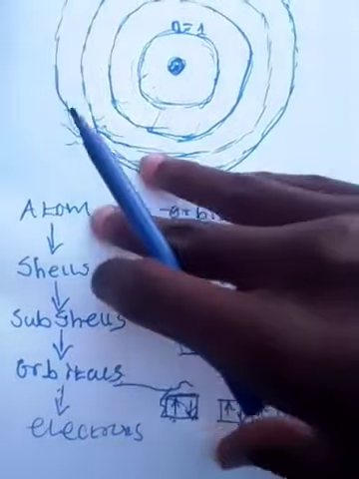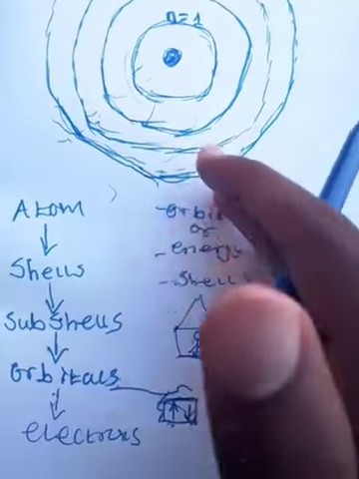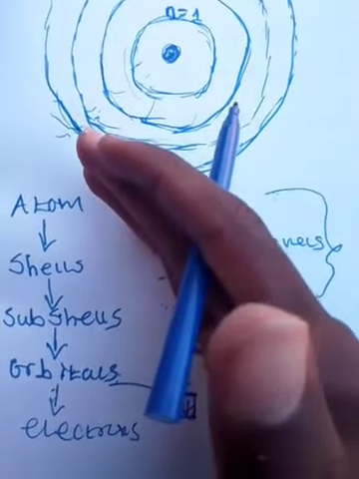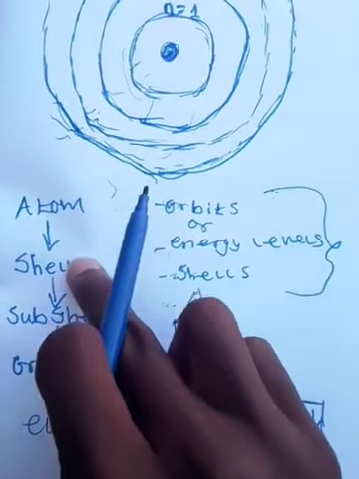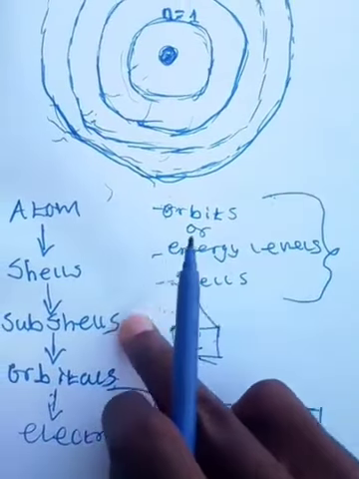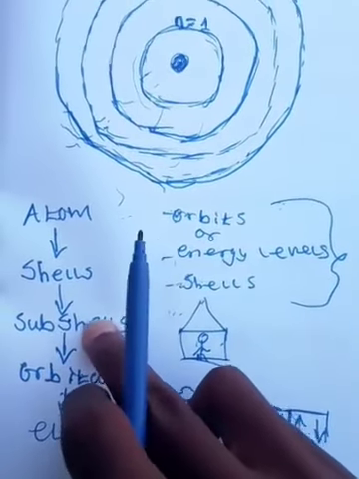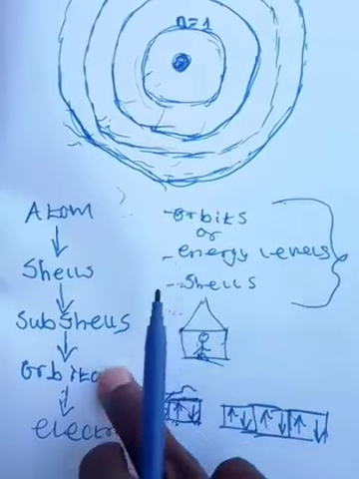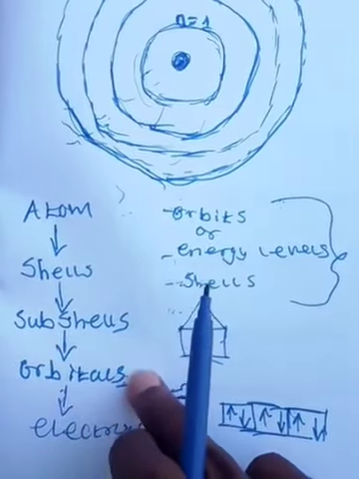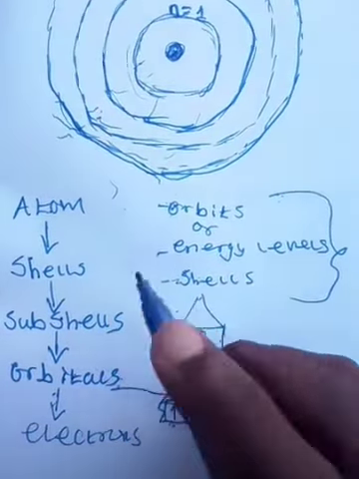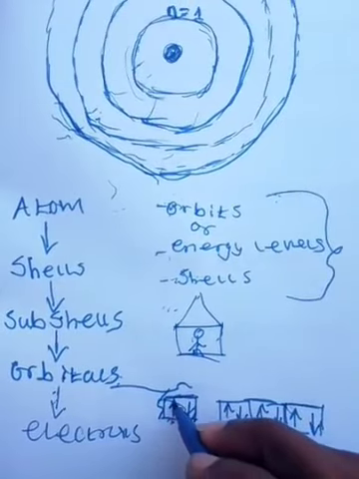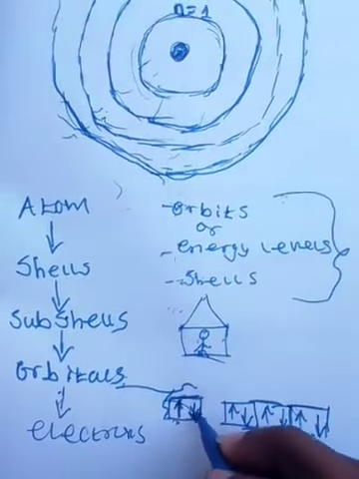Now that you have a clue, let's look at how we describe this. We won't be saying that the electron is in the second shell by writing words, or that it's in the second subshell or the first orbital. We even describe electrons more deeply.